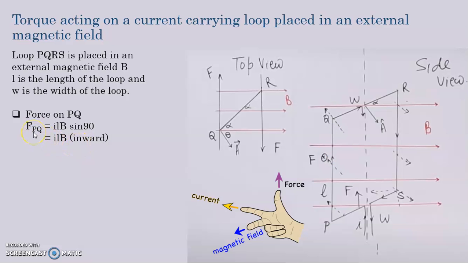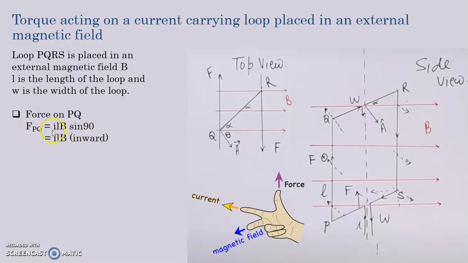In the last session we have derived a formula for force acting on a conductor placed in an external magnetic field. It is given as force is equal to ILB sin theta, where I is the current flowing through the conductor, L is the length of the conductor, and B is the external field in which the conductor is placed, and theta is angle between the length of the conductor and external magnetic field.